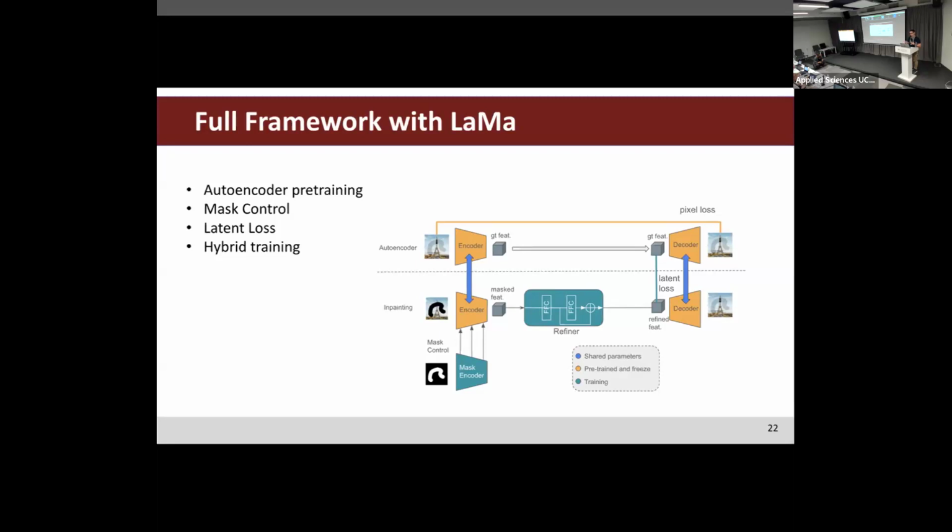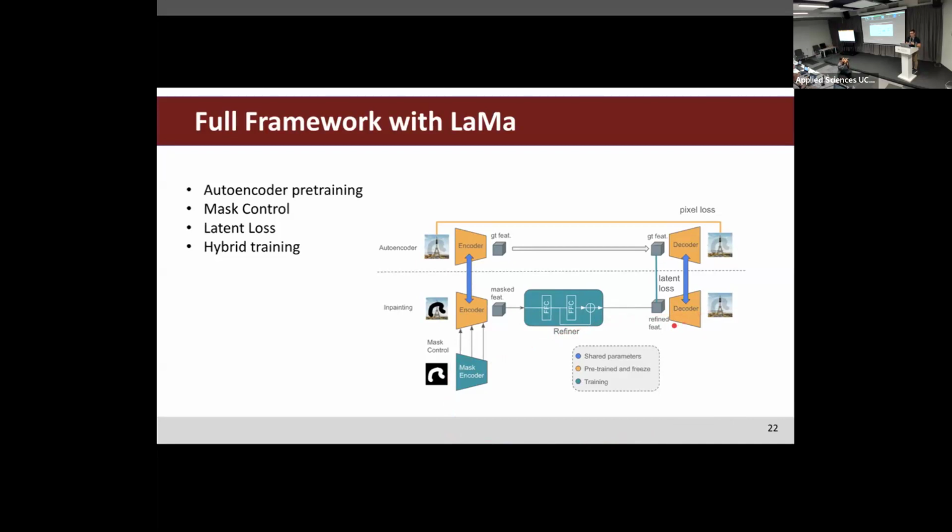But for example, if we would work with latent diffusion, we could skip this step because they already use an autoencoder. Secondly, we add our mask control, which is done by a mask encoder and this zero convolution here. Next, we have latent loss, which is calculated before the decoder.